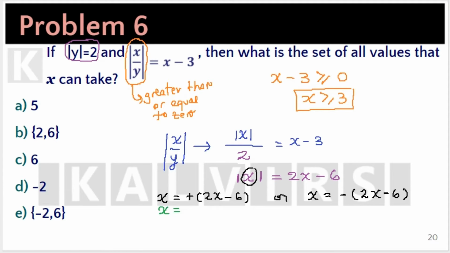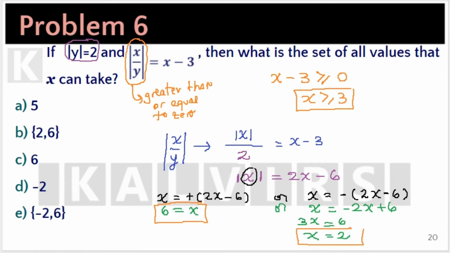Then x equals 2 times x minus 6, so x equals 6, or x equals negative 2 times x plus 6, 3 times x equals 6, x equals 2. x might be either 6 or 2.